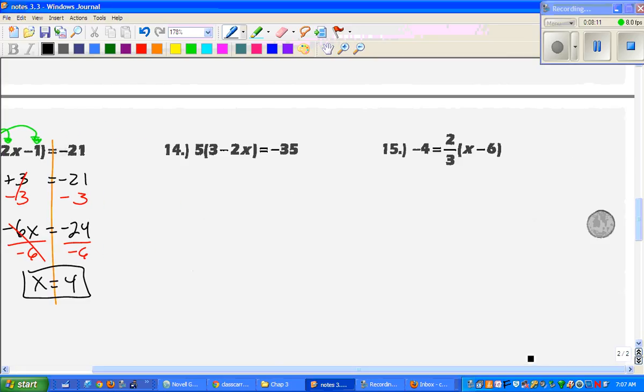All right, number 5. Drawing my line. Have to distribute. That negative 4 stays the same. You get 2 out of 3x. Now off to the side, you have to do 2 over 3 times 6 over 1, which gives you 12 over 3, which reduces to 4.